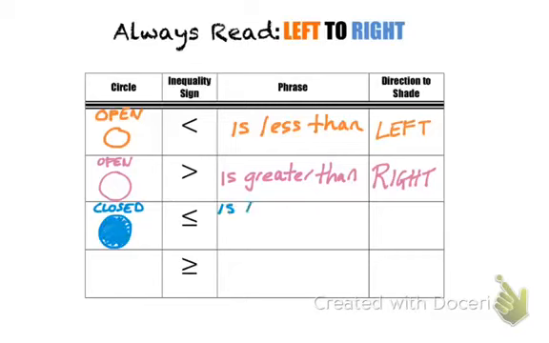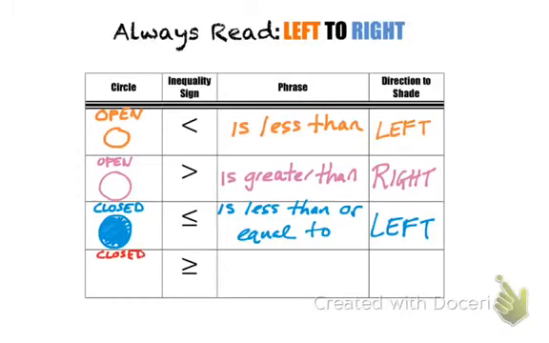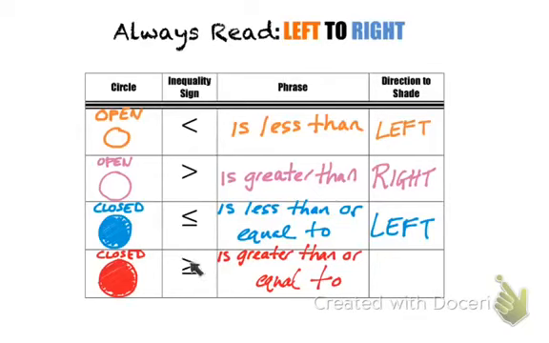And this is read as is less than or equal to whatever value that we're talking about. And we're going to shade just like before because it's pointing to the left, to the left. And finally, we're going to have another closed circle for this symbol right here. And this is called is greater than or equal to. And we are going to shade to the right.